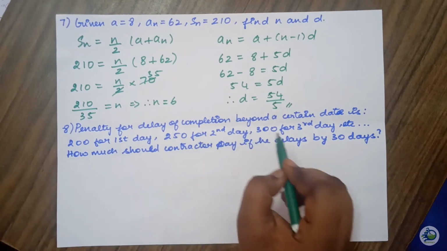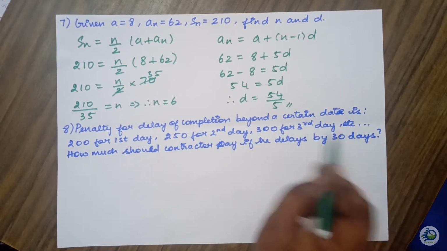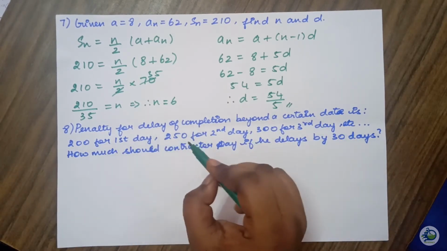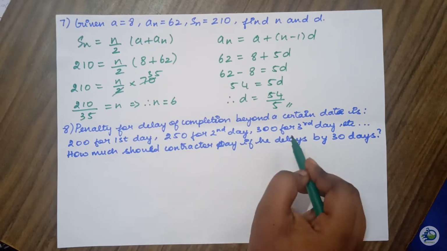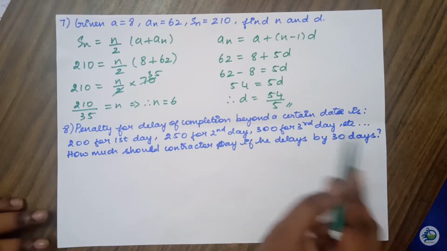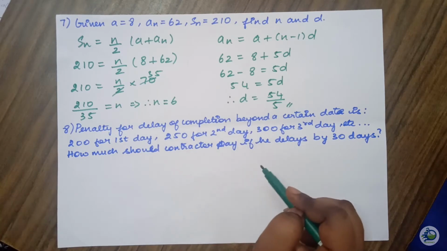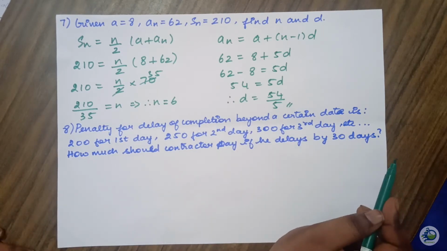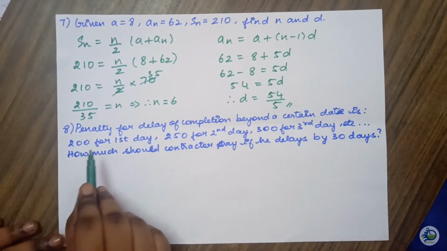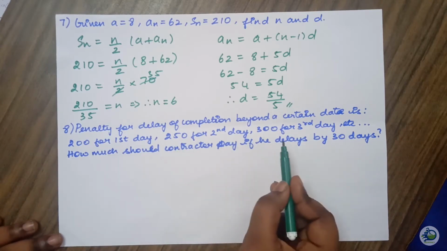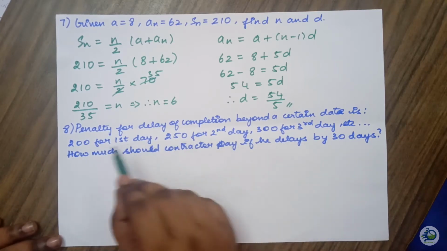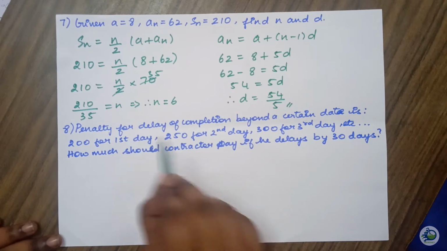Penalty for delay of completion beyond a certain date is 200 for the first day, 250 for the second day, 300 for the third day, etc. How much should the contractor pay if he delays by 30 days? So for the first day it is 200, 250, 300 and so on. So the common difference between them is 50.